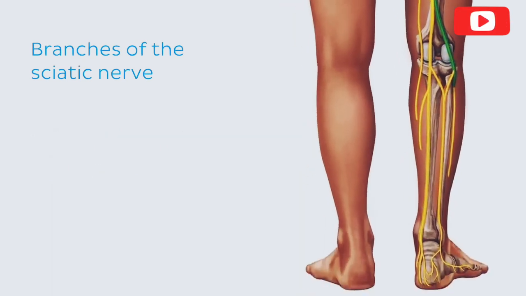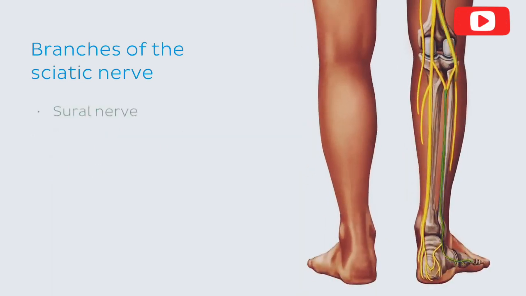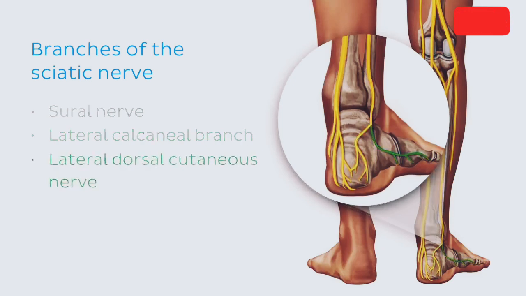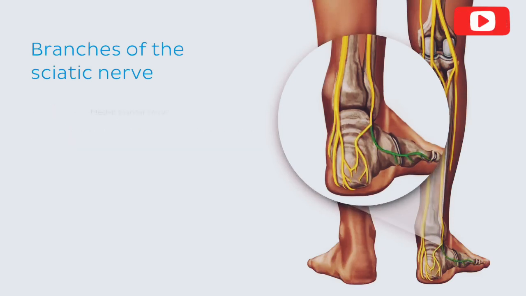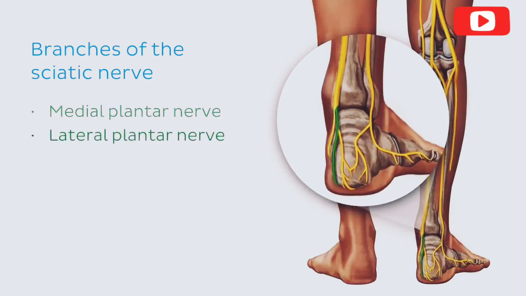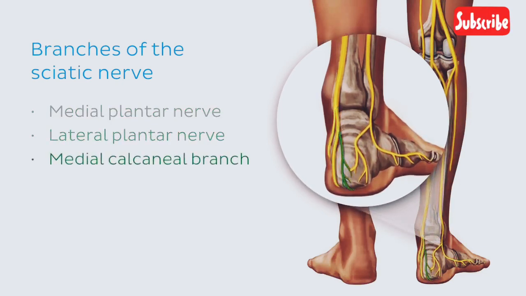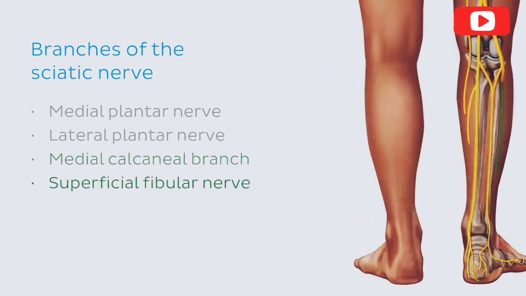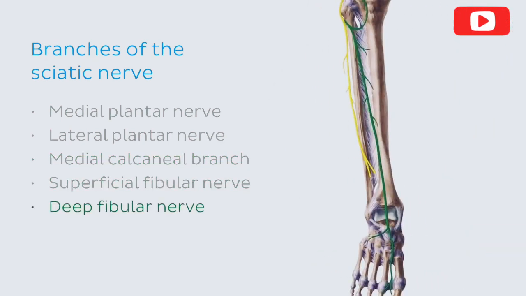The tibial nerve has several branches, including the sural nerve, which gives rise to the lateral calcaneal branch and the lateral dorsal cutaneous nerve. The tibial nerve also gives rise to the medial plantar nerve, the lateral plantar nerve, and the medial calcaneal branch, whereas the common fibular nerve divides into 2 branches, the superficial fibular nerve and the deep fibular nerve.